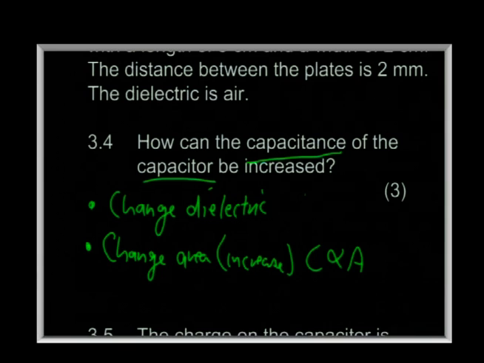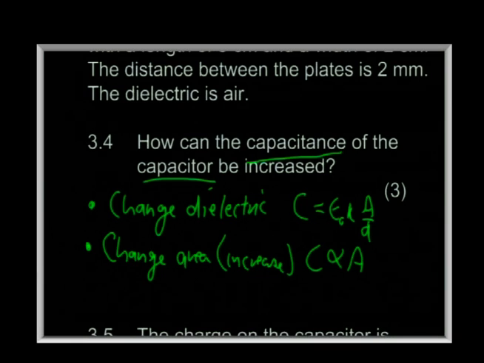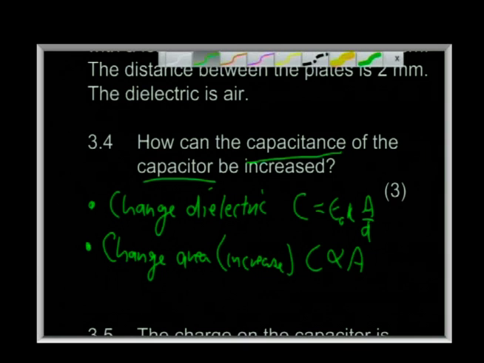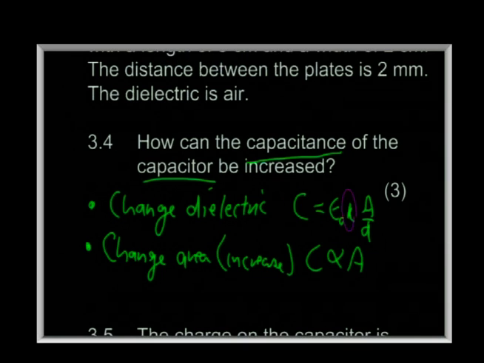And remember as well that we had the formula C is equal to epsilon naught K A over D. Now, if you got a dielectric with a higher K value than 1, which is the value for air, then that's going to change the total value there. So if this one goes up, that's what we're saying. If we increase that one, you're going to increase that one.